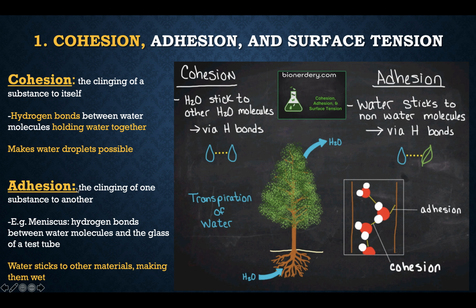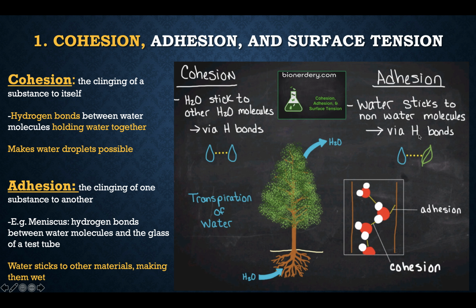Adhesion, on the other hand, is similar, but it has to do with the clinging of one substance to another. Water likes to stick to stuff. We all know that. Water makes us wet. So adhesion is when water sticks to non-water molecules, also via hydrogen bonding.